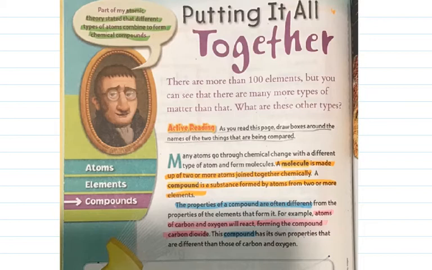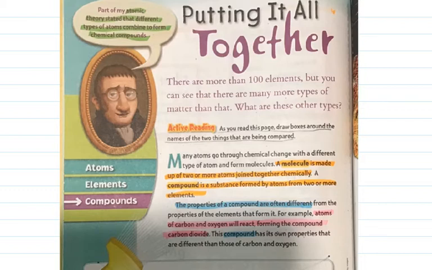The properties of a compound are different from the properties of the elements that form it. For example, atoms of carbon and oxygen will react, forming the compound carbon dioxide. This compound has its own properties that are different than those of carbon and oxygen.